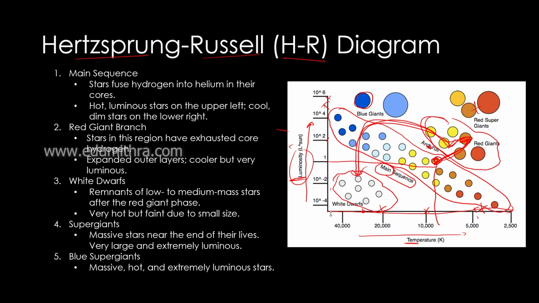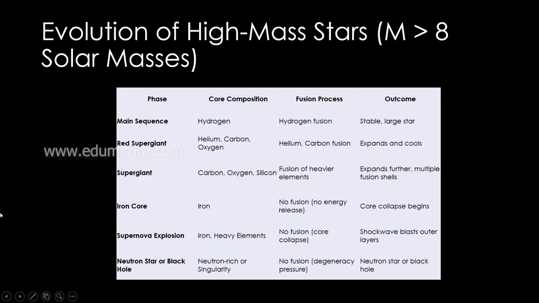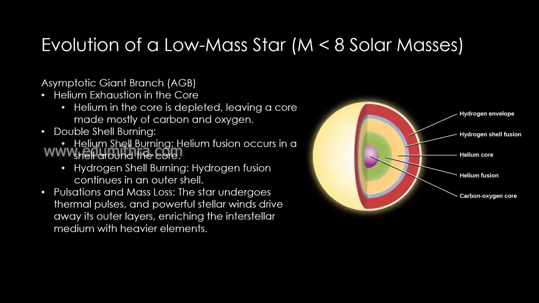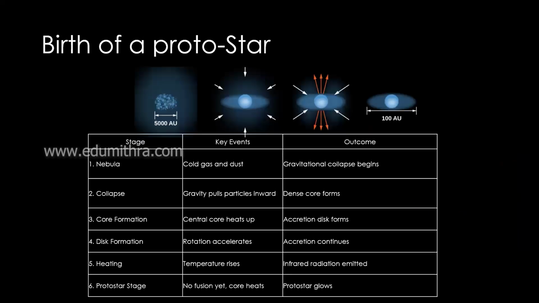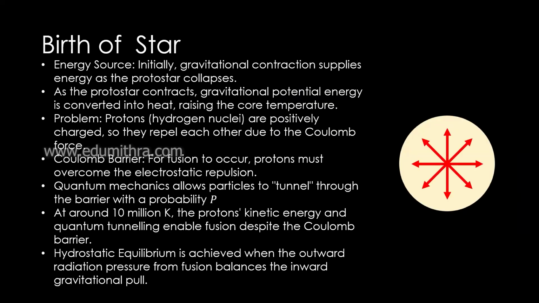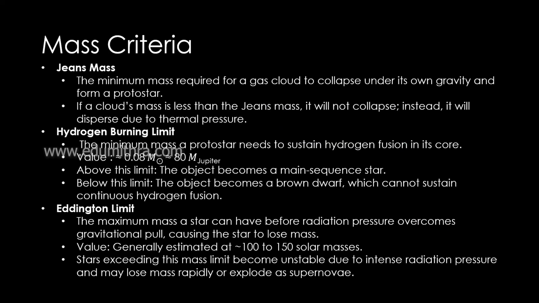Can you explain the mass criteria? The first is Jeans mass. Jeans mass is the minimum mass required for a molecular cloud to become a protostar. If a protostar wants to become a main sequence star, it should have a minimum amount of mass, which we can name the hydrogen burning limit.